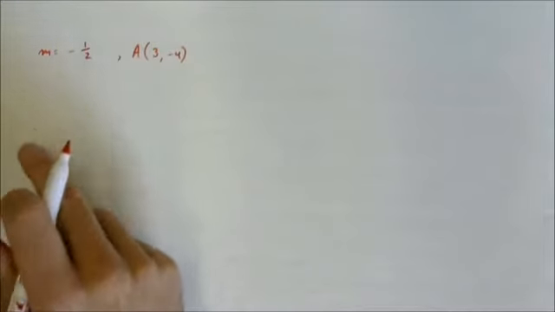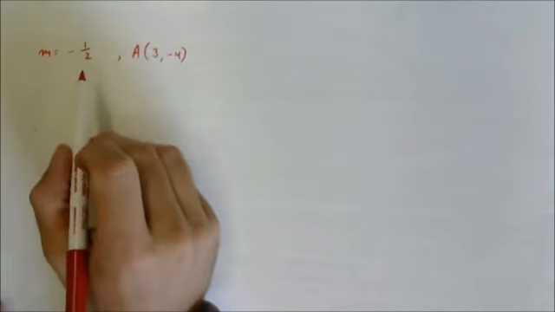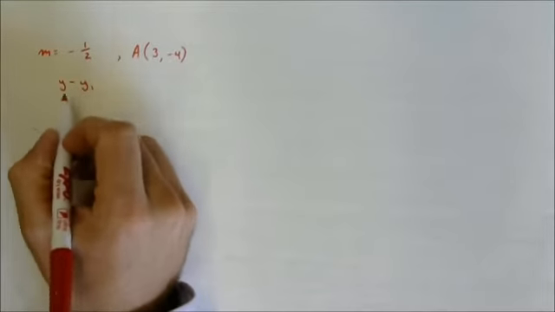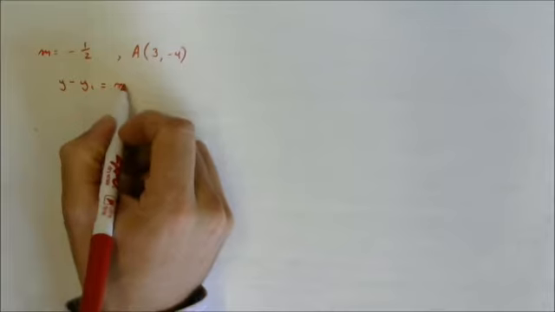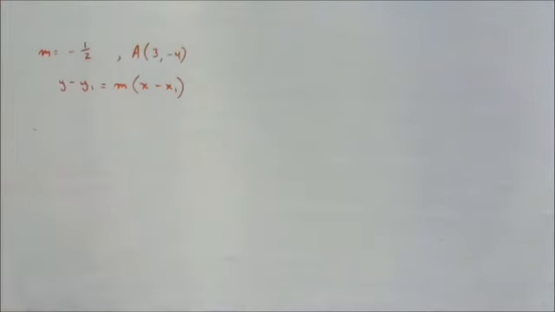Okay, so identify what you have. Because I have a point and a slope, I know that I'm going to be using point slope formula. So that's y minus y1 equals m times x minus x1. Take a second to look back at the definition that we wrote earlier and see if you know where you need to sub all these things in.